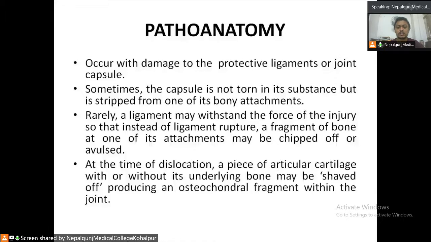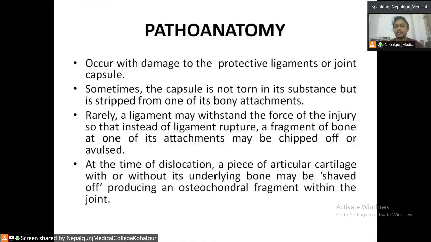The capsule is attached to the bony attachments enclosing the joint, and it is detached from those bony attachments. Rarely, a ligament may withstand the force of injury, so that instead of a ligament rupture, there is an avulsion of the ligament.